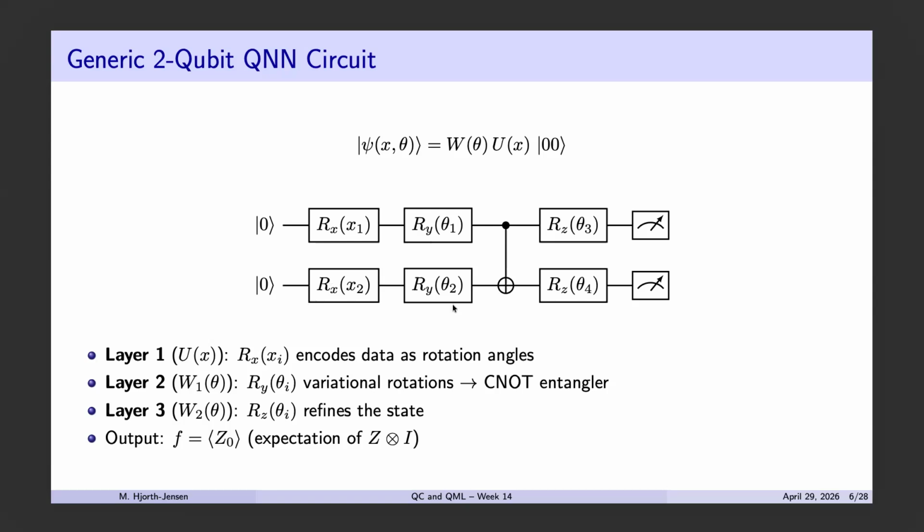Then you have the rotations. You can have some CNOT entangler. And then you have further rotations. So you have actually 1, 2, 3, 4 parameters. And then you have an output, which could be an expectation of the Pauli-Z matrix acting on the first qubit times this one.